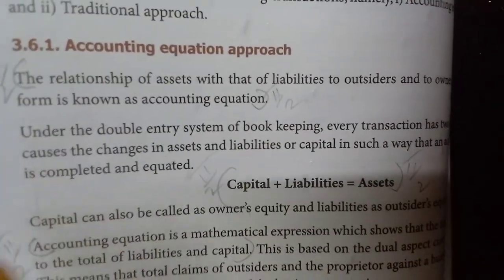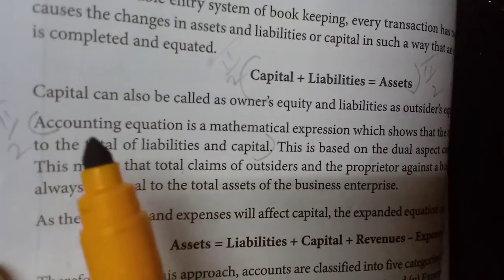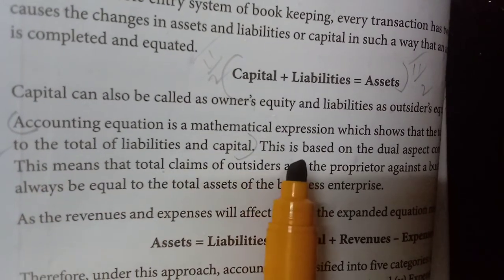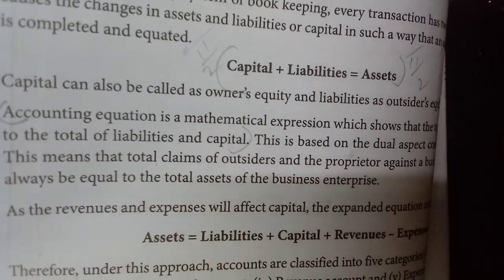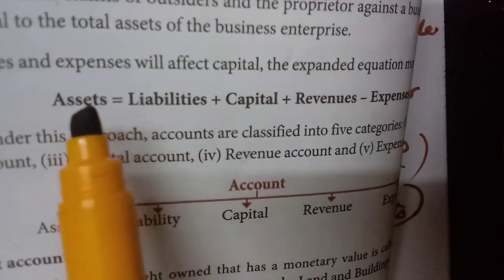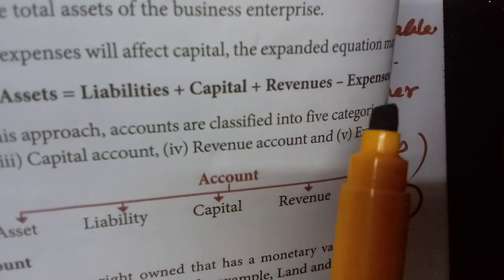Here, this accounting equation approach, this paragraph, then this equation, then again this line. Accounting equation is a mathematical expression, that also you can write. Then the last line, this also you can mark. Asset is equal to liabilities plus capital plus revenue minus expense.